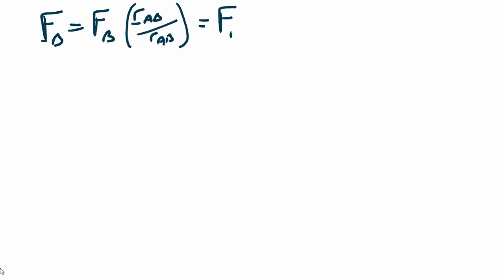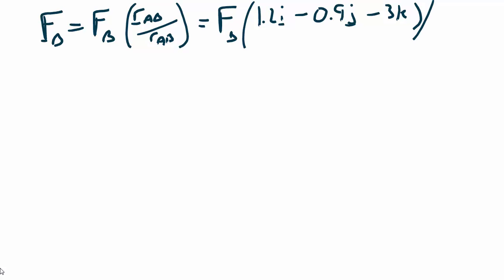So Fb is going to be 1.2i minus 0.9j minus 3k, and all of these are going to be divided by the magnitude of those three numbers squared and added and square rooted, 3.354.